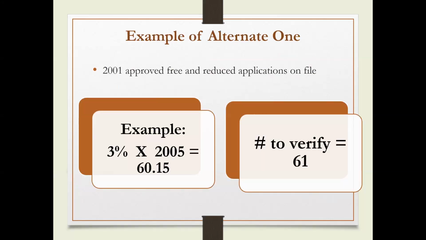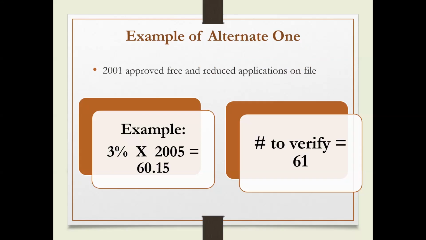So for an example, we have 2001 approved free and reduced applications on file. We're going to multiply 3% times, okay, just act like this information is correct. 3% times 2001.